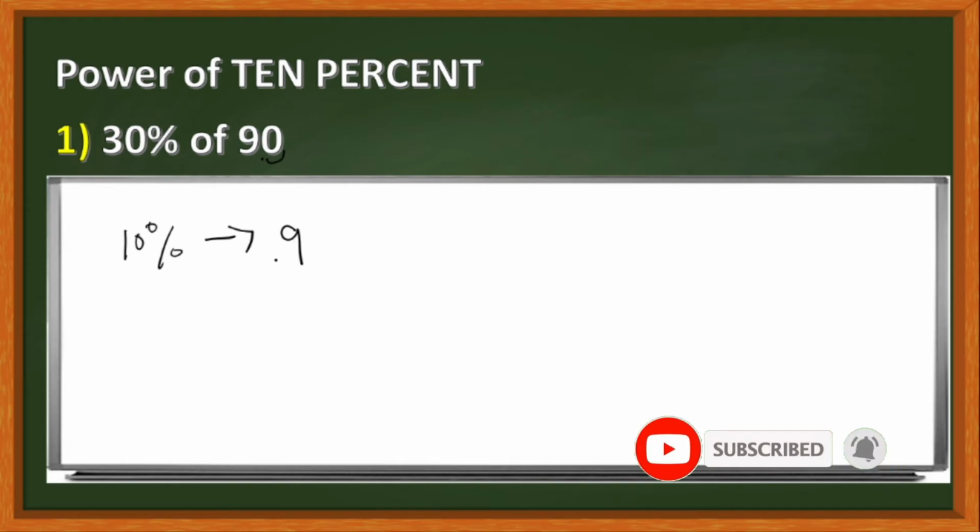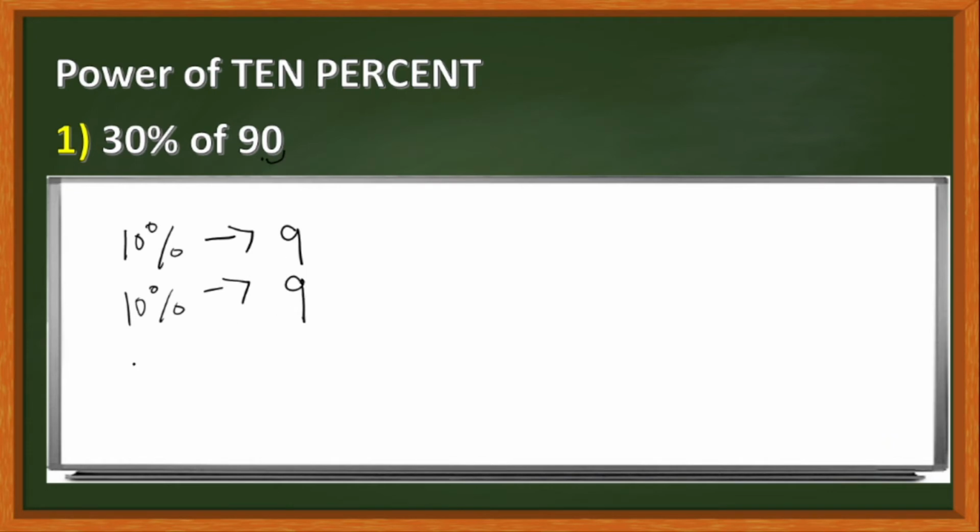So we have 9 for 10%. Another 10% is 9 again. And another 10% is 9 again. So we have 10 plus 10 plus 10, which is 30%, equivalent to 9 plus 9 plus 9, which is 27.